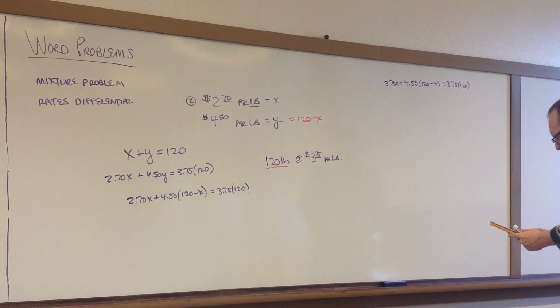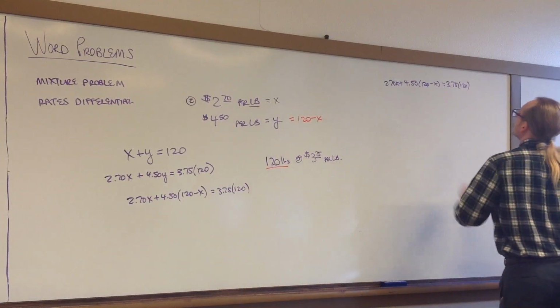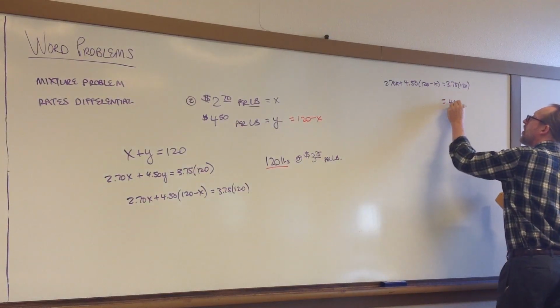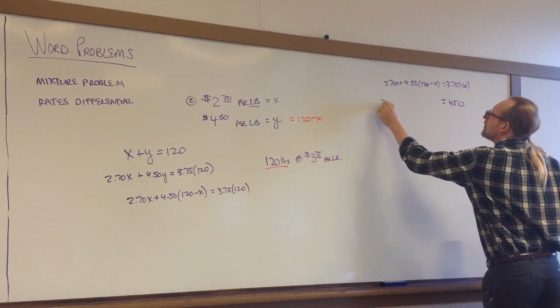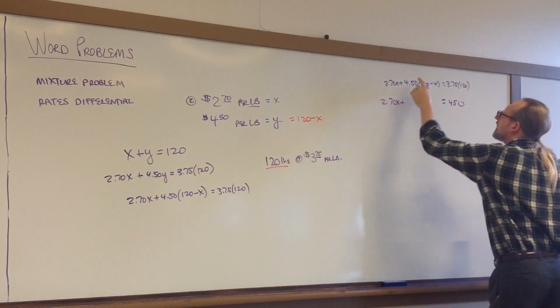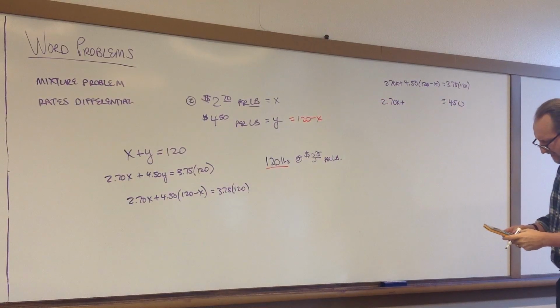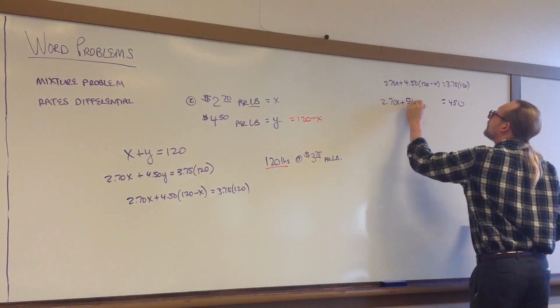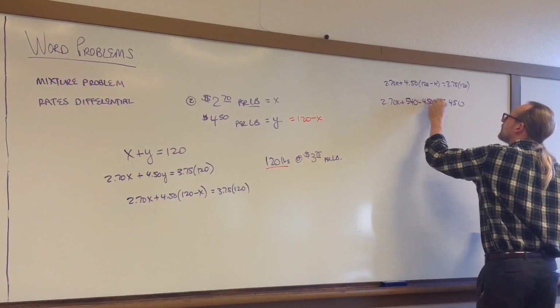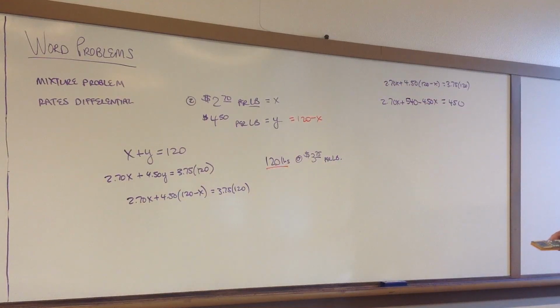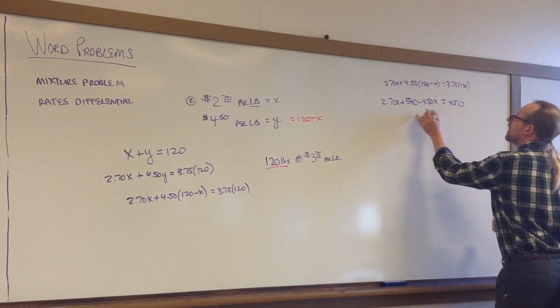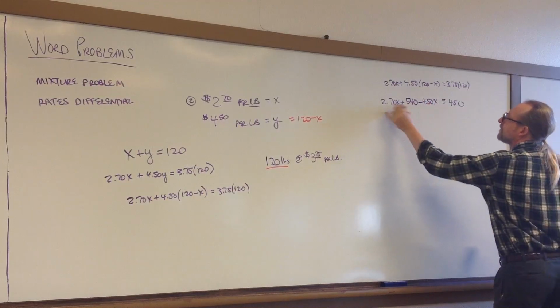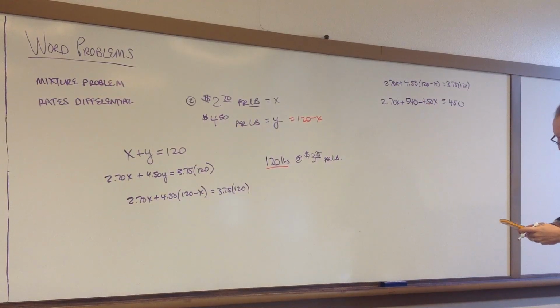And so this will be 3.75 times 120 is going to be 450. This will stay 2.70x. 4.50 times 120 is 540 minus 4.50x. Okay, so now we want to combine our like terms. We've got a minus 4.50 and a positive 2.70. Is that 1.80?